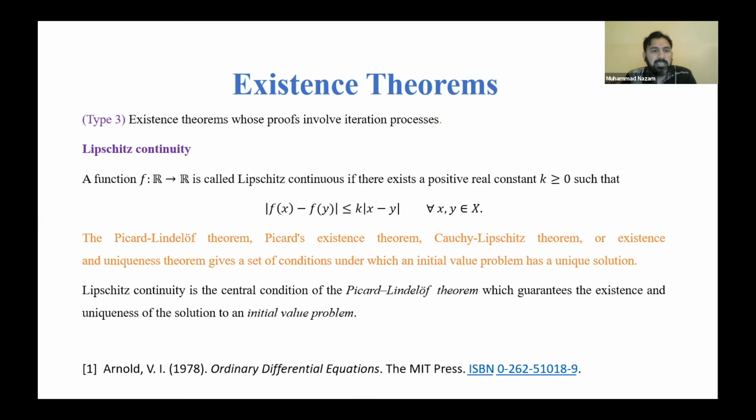Look at that: a function f from R to R, R for real numbers, is called Lipschitz continuous if there exists a real number k greater than or equal to 0 such that we have the inequality. That is, the absolute value of the difference of the images is less than or equal to k times the absolute value of the difference of the points, and it holds for all x, y belonging to X. Here, in this case, X is equal to R, the real numbers.